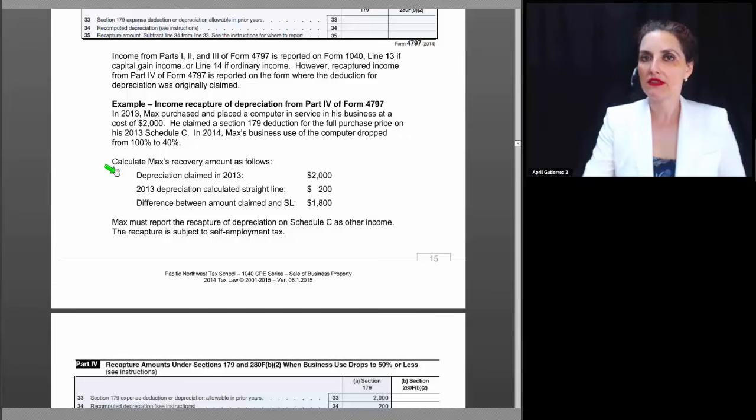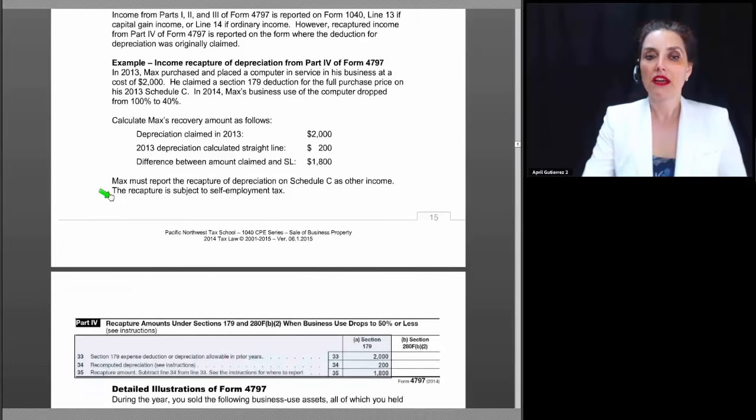Depreciation that he claimed in 2013 was $2,000, and $2,000 depreciation calculated straight line would have only been $200. The difference between those two numbers is $1,800, and he is going to need to recapture the $1,800 depreciation excess as income on Schedule C. He would enter it as other income on the form, and the recapture would be subject to self-employment tax.